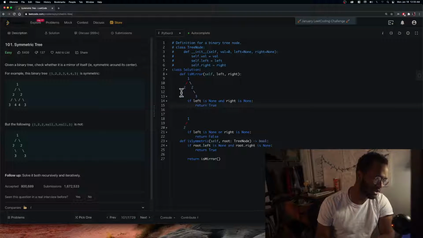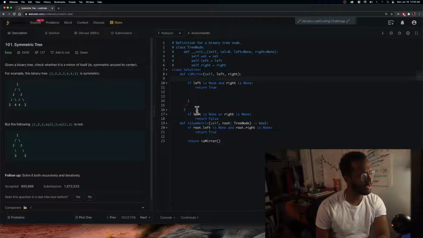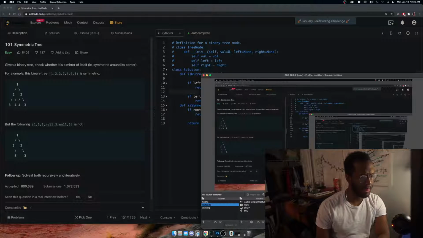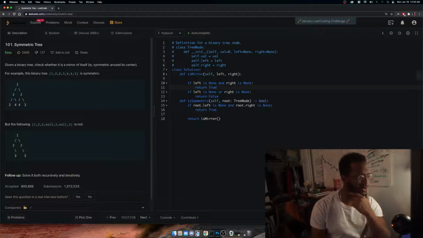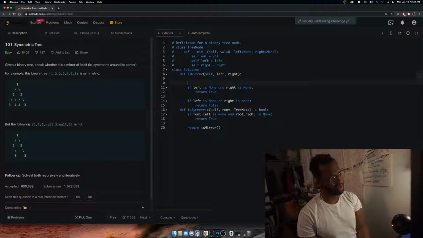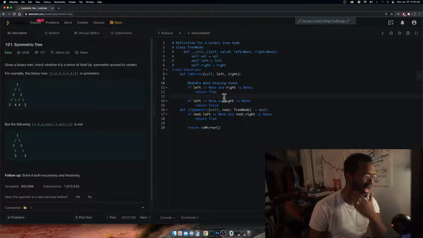That means just for these nodes that we're comparing, it's good that they're both missing. Okay, so that's good so far. These two cases exist to handle missing nodes. So if we're missing nodes or we're missing only one node, we need to handle that.